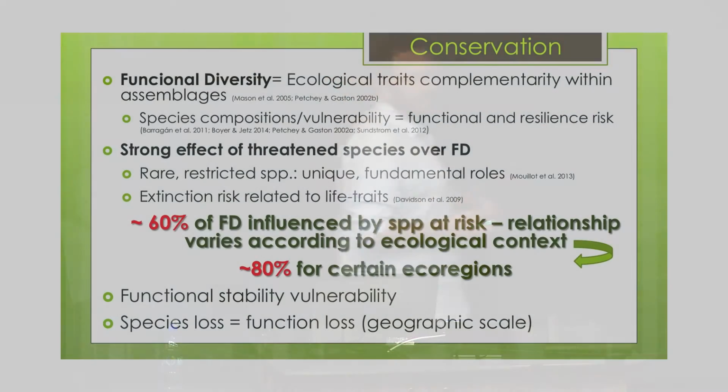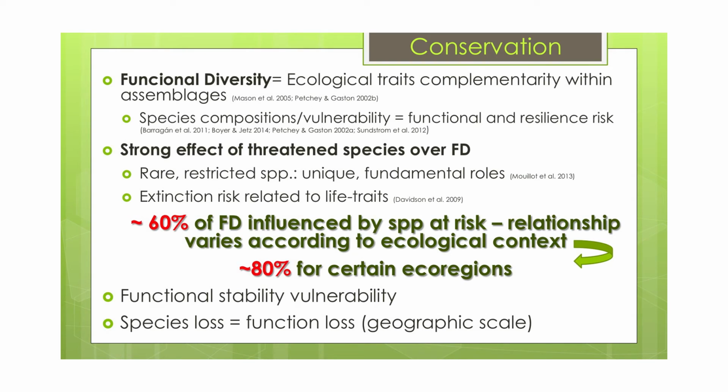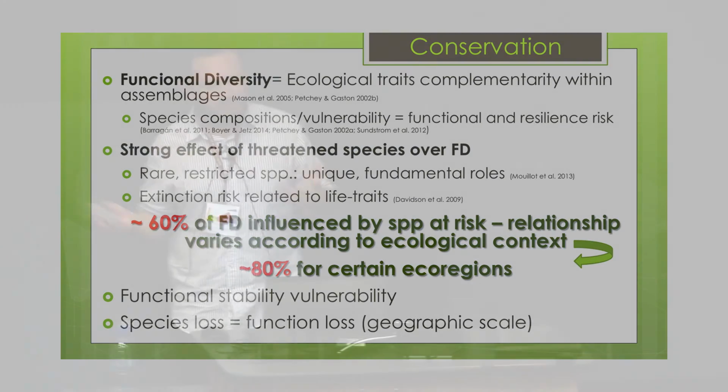There's a strong effect of endangered species over functional diversity, which is very interesting. In general, most endangered species are rare or restricted, with small distributions, but apparently they play very important and complementary functions in ecosystems.